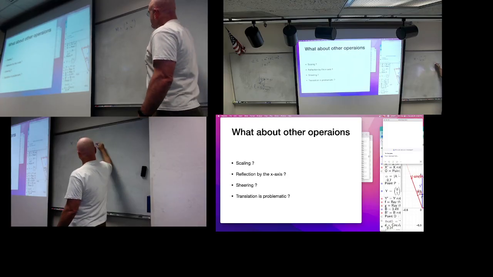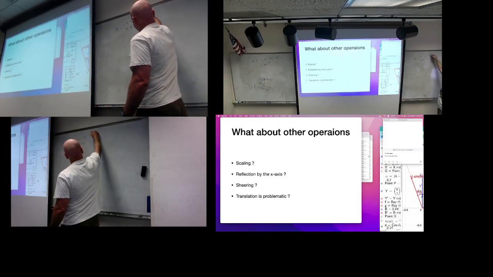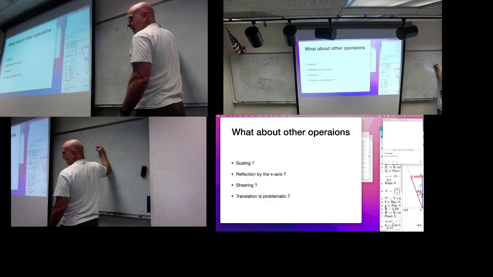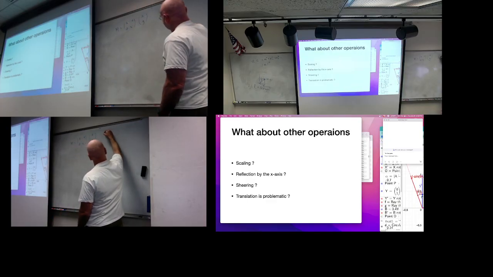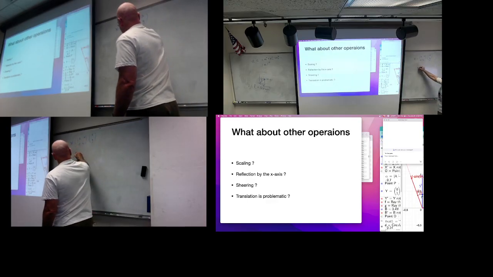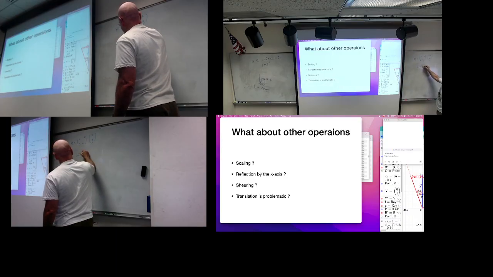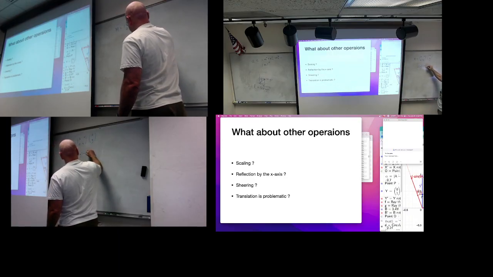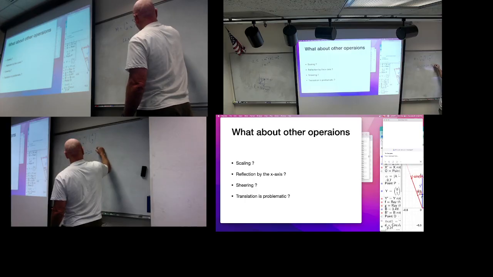What does this matrix do to a point x, y? It takes the vector x, y, and it sends it to 2x, 2y.